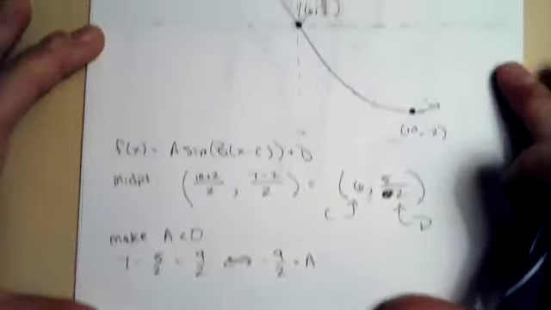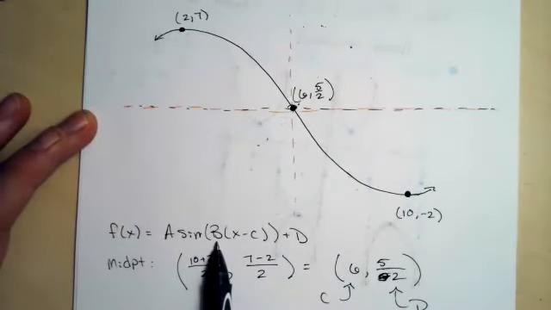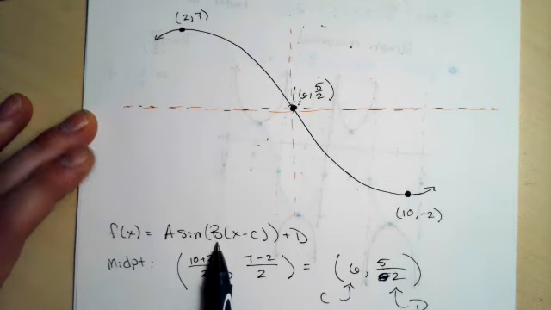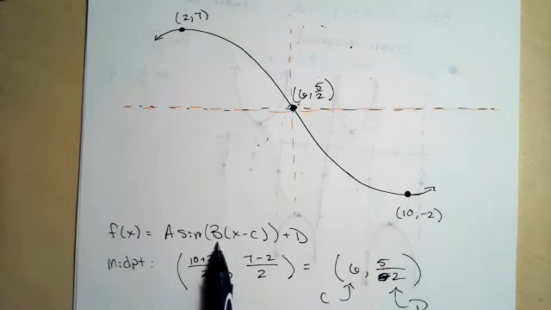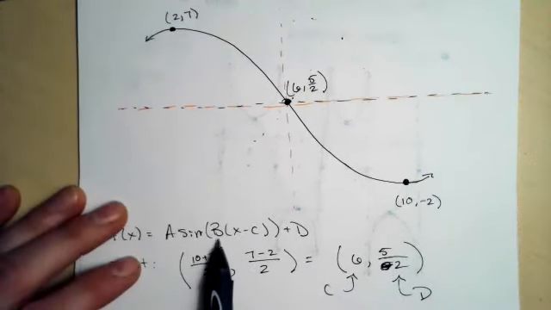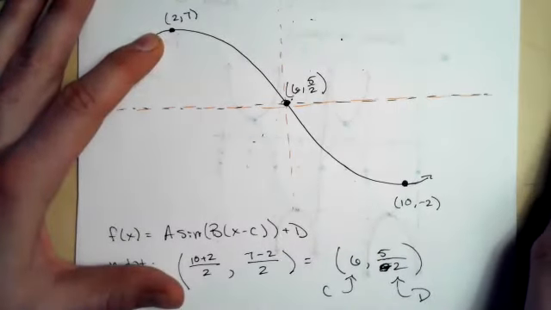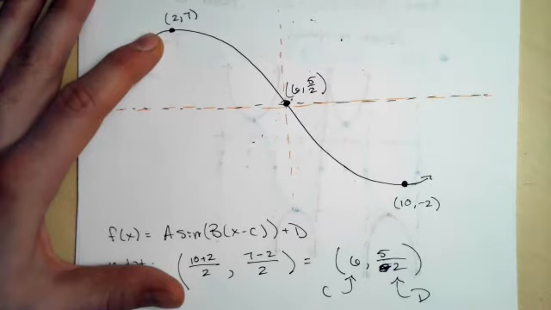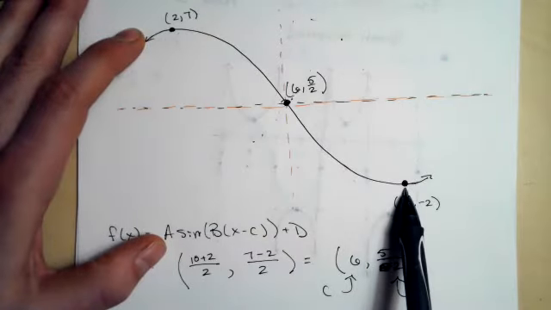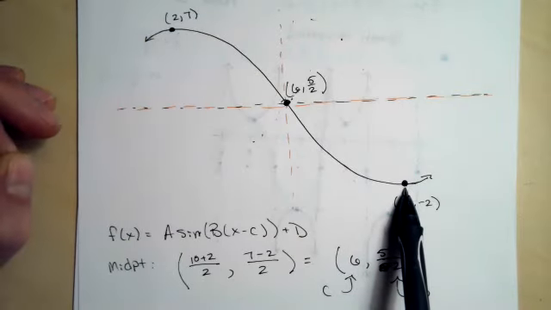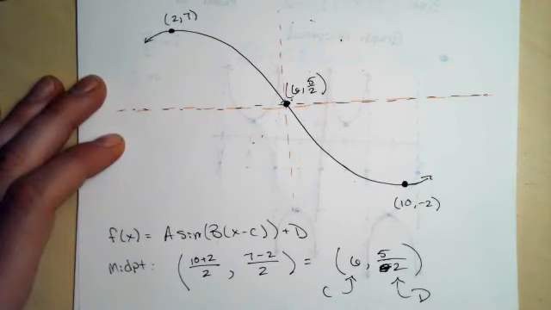And then the last thing we need to figure out is B. So how do we figure out B? B is related to the period. So if we know the period, we can figure out B. And just remember that a period is from peak to peak, or valley to valley. We don't have another peak. So when I just go from peak to valley, how far is that? Half the period. So half the period, how far do we go horizontally from peak to valley, or valley to peak?